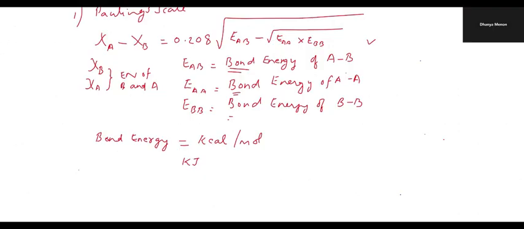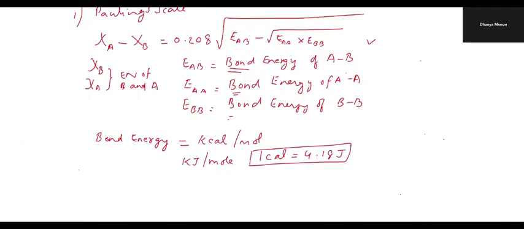Now, in case it is given in kilojoules per mole, you have to make it into kilocalories per mole. I'll give the conversion: 1 kilocalorie is equal to 4.18 joules. This is the conversion.